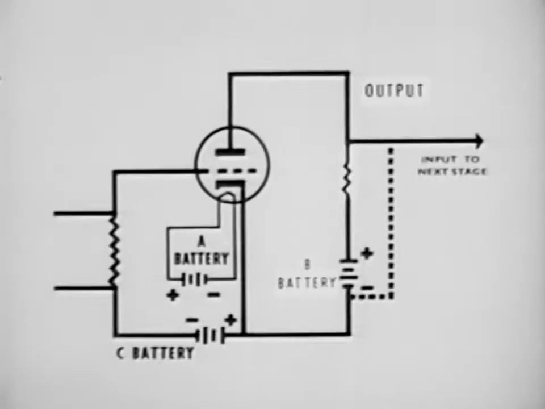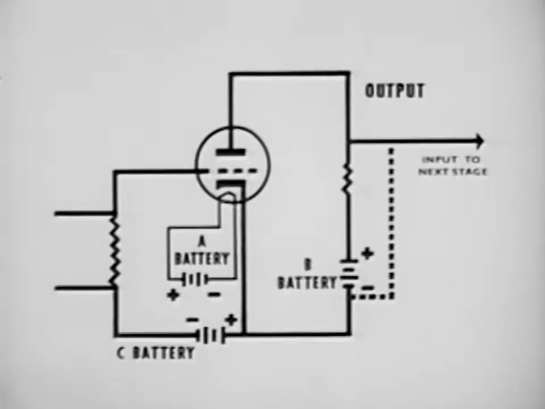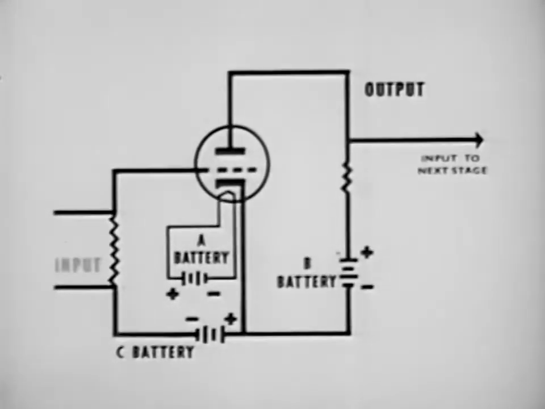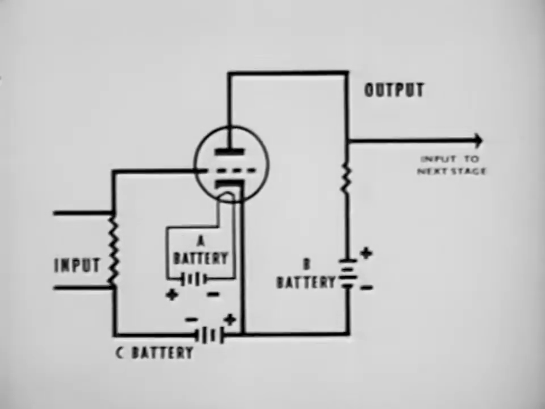The output is taken across the plate resistor and the power supply. The input is applied across the grid resistor. When a small signal is applied to the grid, it varies the difference in potential between the grid and cathode.